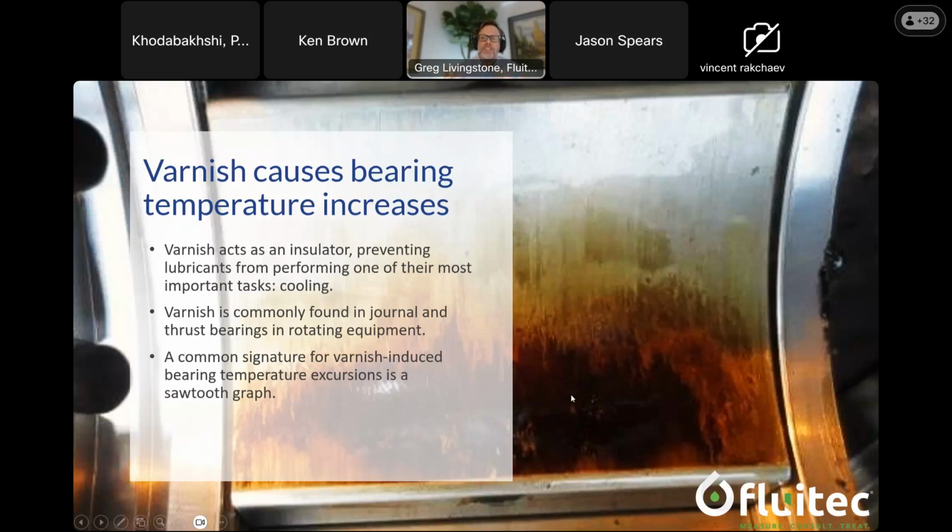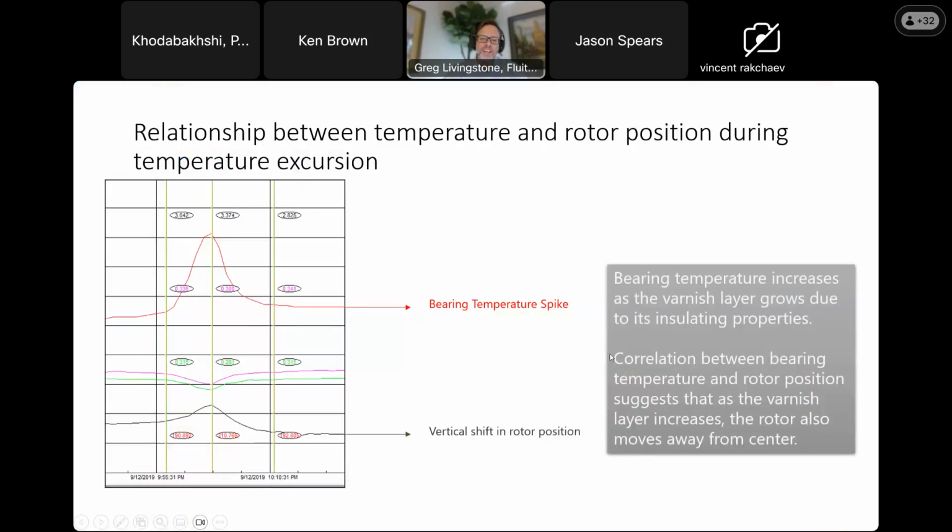One of the functions of an oil is to cool the bearing, and if you put an insulator layer on the bearing surface, obviously the oil is not going to be able to do one of its most important jobs of cooling. So that's one issue. The other is that now that we have an insulating layer and the oil's not cooling, we see temperature excursions and high bearing temperatures, which can be a significant cause for concern.